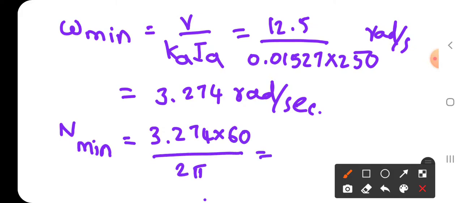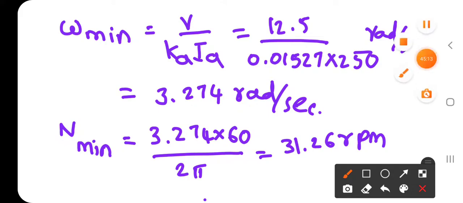Hence, how much is this value? 31.26 rpm. It is the minimum, 31.26 rpm. Then what about the maximum possible speed? It occurs when the duty ratio is maximum, that is 1.